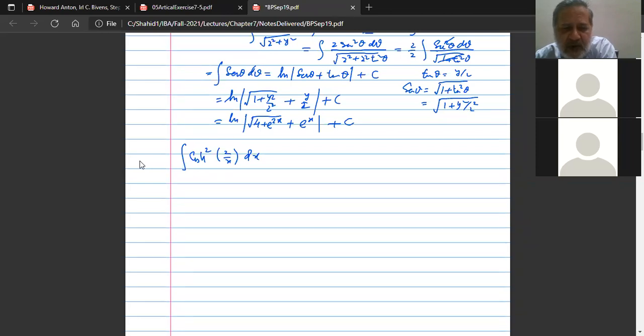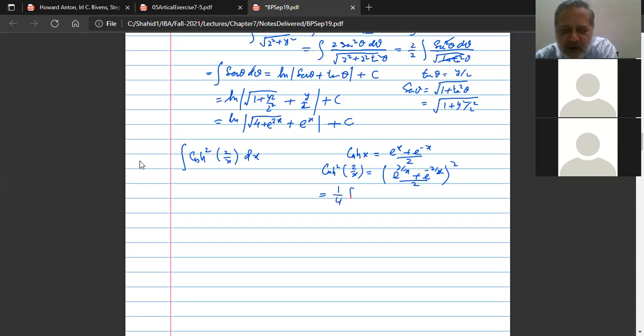Now, for hyperbolic functions, I have introduced the basic formula for cos hyperbolic, which is e power x plus e power minus x upon 2. If you are dealing with cos hyperbolic square 2 by x, that means you are dealing with e power 2 by x plus e power minus 2 by x, divided by 2, whole square. You can deal with this as a plus b whole square, separating 1 upon 4.